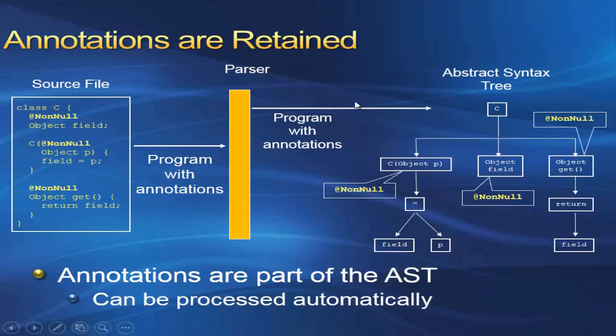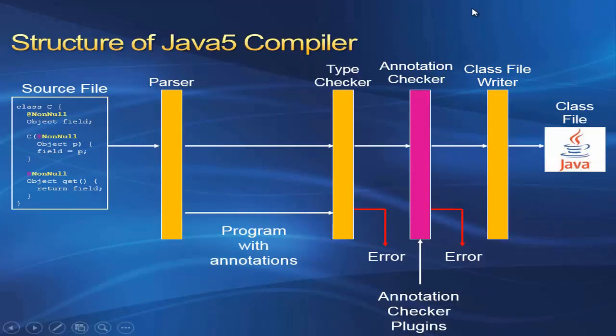But what happens when it is given to the parser? The parser will not strip out this annotation. Rather, it will keep that annotation as a separate attribute with the parse tree or abstract syntax tree. This tree is now given to a type checker which will check for the type syntaxes, that is your syntax verification.